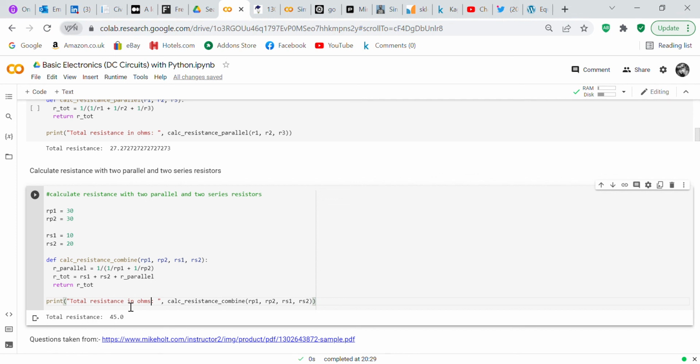Now we take our 2 series resistors, RS1 and RS2, that's 10 and 20, so that's 30, and then adding the 15 gives 45. I've just calculated it myself to say that it is 45 ohms. But we'll go ahead and create a formula for that anyway.